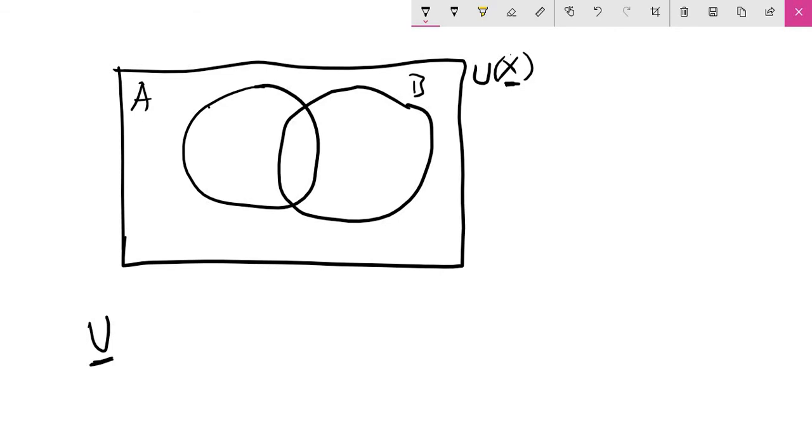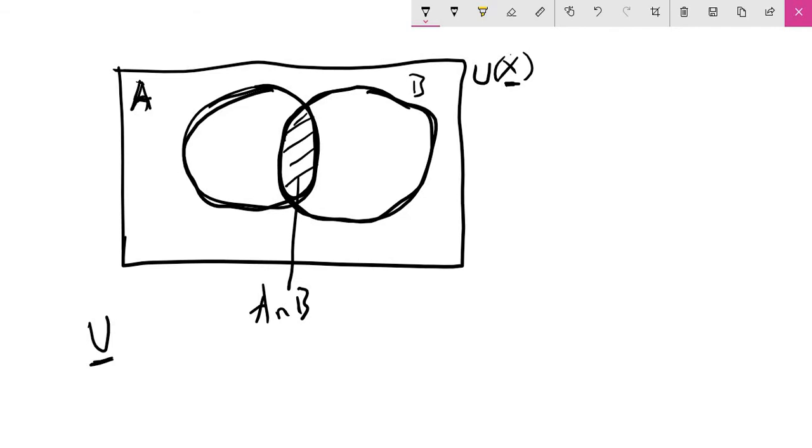This particular circle represents the set A. This other circle represents the set B. The overlapping area here, I'm just going to shade it. This is A intersection B. Very important.